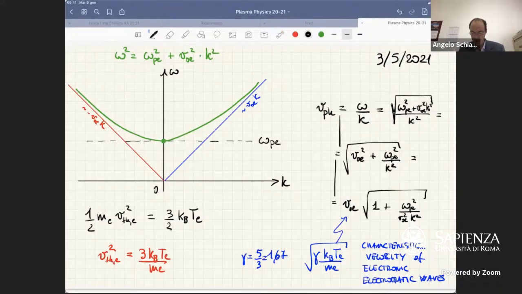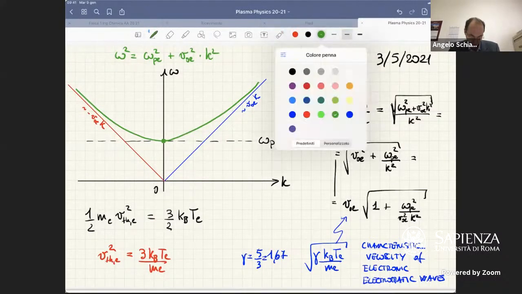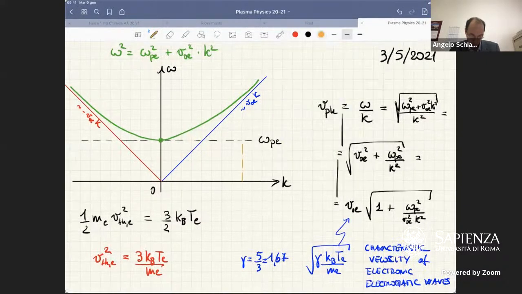Let's use a different color here, for instance, and draw a region on one side around the K vector, which is of the order of the reciprocal of the Debye length, 1 over lambda Debye, and on the other side, symmetric, obviously, the same wavelength but with negative sign for the regressive part.